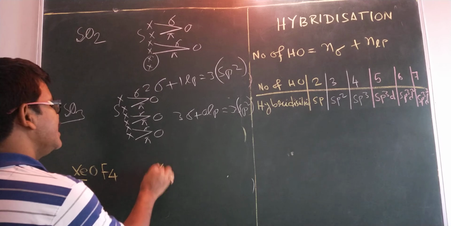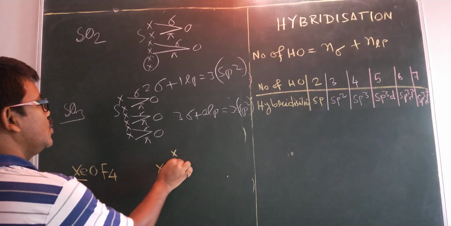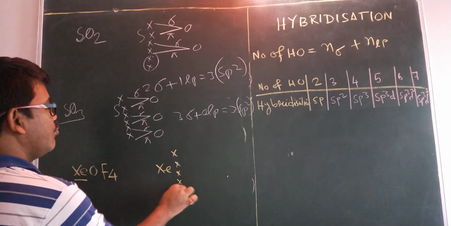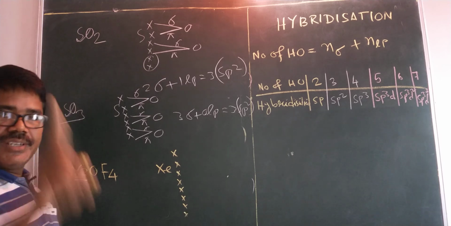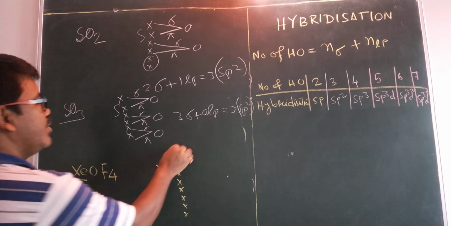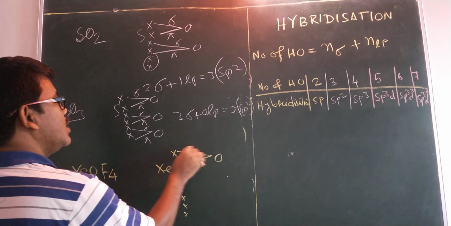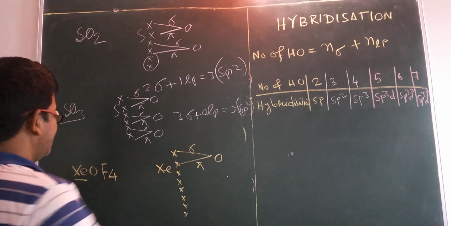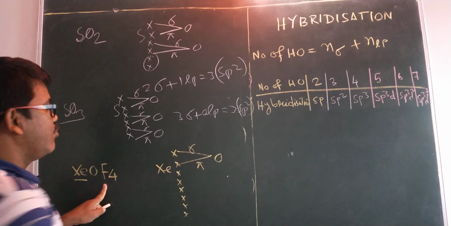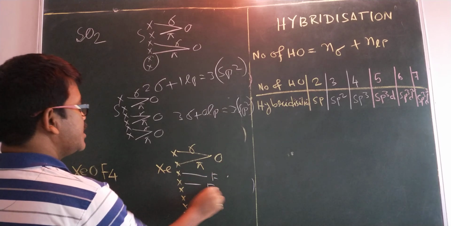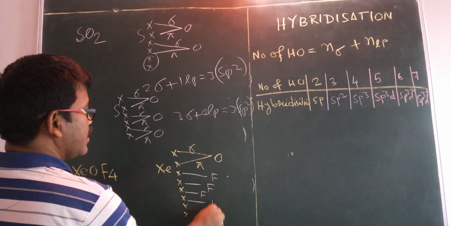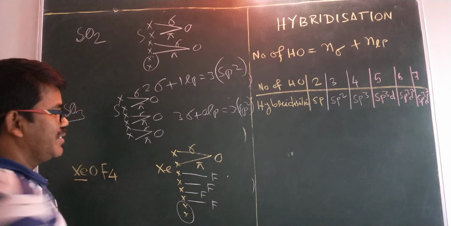And xenon has 8 valence electrons: 1, 2, 3, 4, 5, 6, 7, 8. And oxygen is bivalent. It will form 2 bonds. One bond will be sigma, the other bond will be pi. And fluorine is monovalent. There are 4 fluorines. Each fluorine will form 1 sigma bond. And this is what? Lone pair.